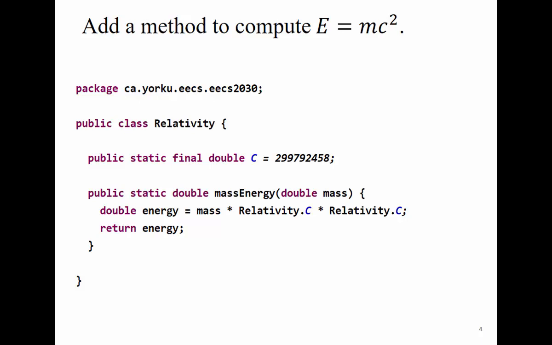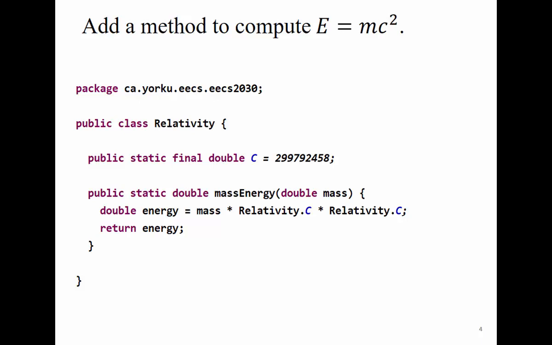So that's why we say static fields are class variables. We can access them using the class. Look at the definition of public class Relativity. You can see that this class does not have any constructors. So based on our previous discussion in the previous lectures, if we define a class without any constructors, can we create an object?